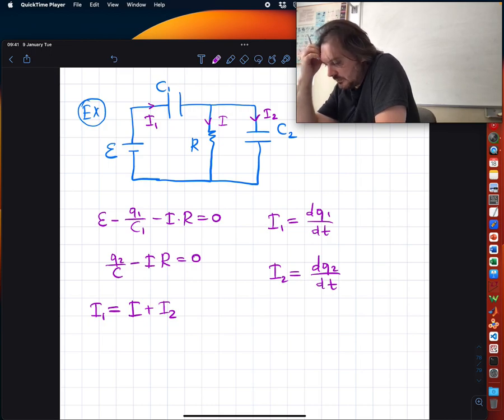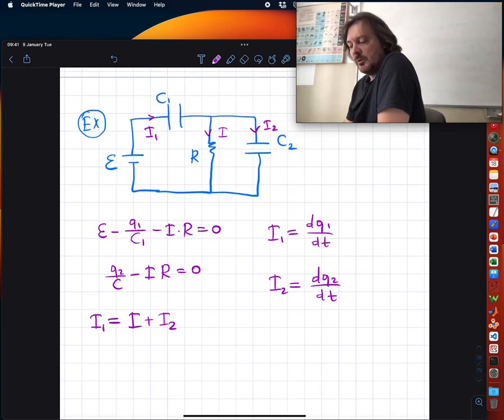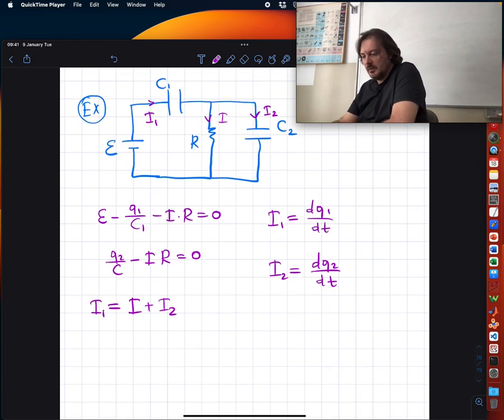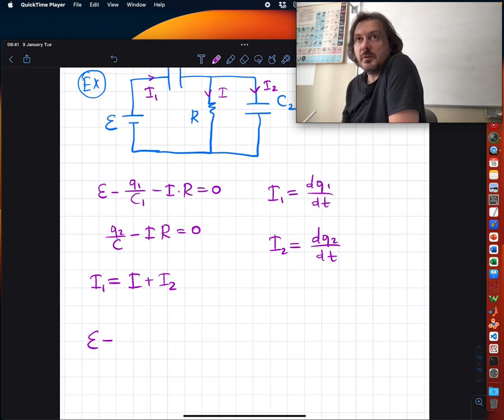We need to choose a protagonist here. Which one is the main actor? Perhaps Q1, because we need to write it at the Q level. Q1, okay? Because if the first capacitor is charged, then no more current would be able to pass, right? We will see.